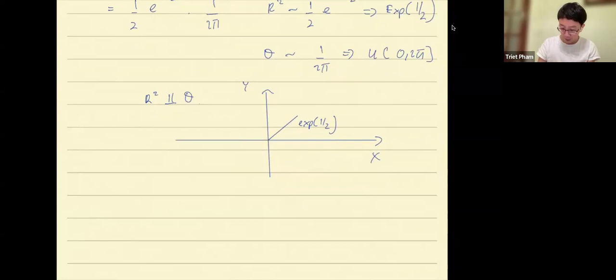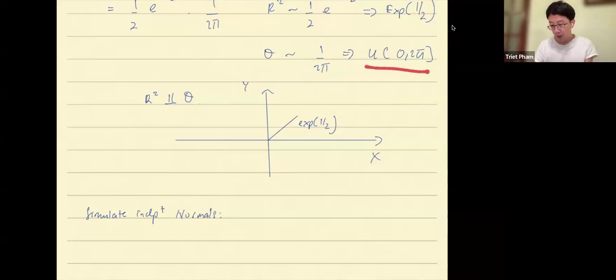So if you want to simulate independent normals, which is the topic of Monte Carlo simulation, it's not that easy to simulate normal random variables mathematically. But it's relatively easy to simulate uniform and exponential.